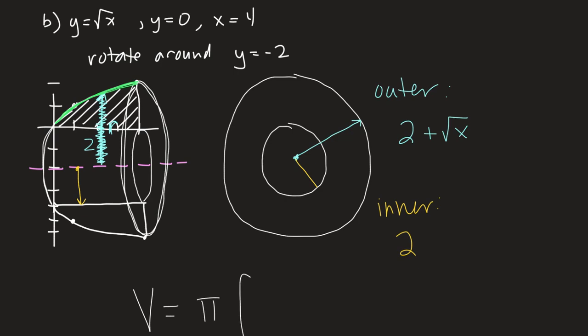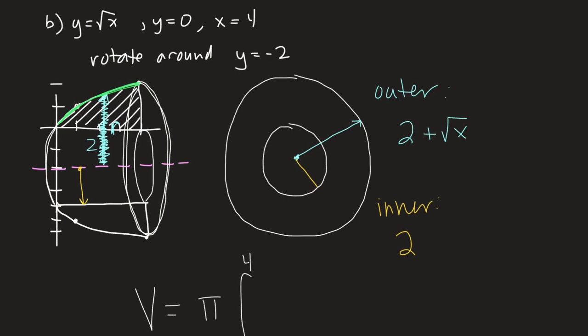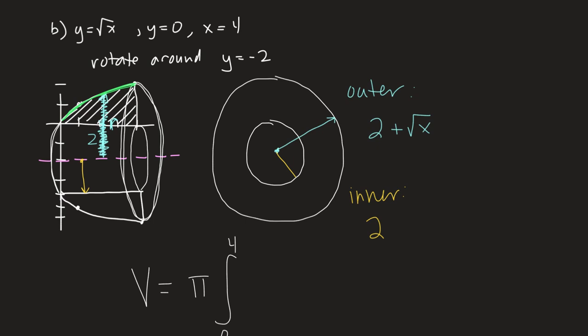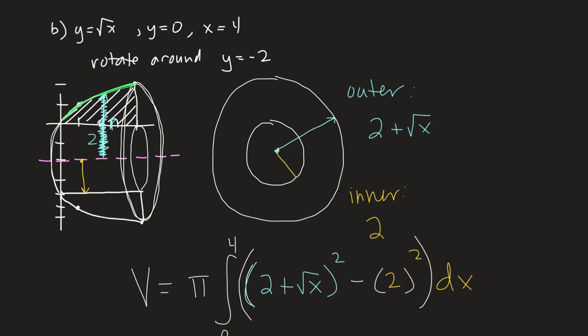Pi times the integral from 0 to 4 of the outer radius, which is (2 plus root x) squared, minus the inner radius, which is 2 squared, dx. When you're putting this in your calculator, you're going to have to put everything in parentheses probably, so it does the calculation correctly.